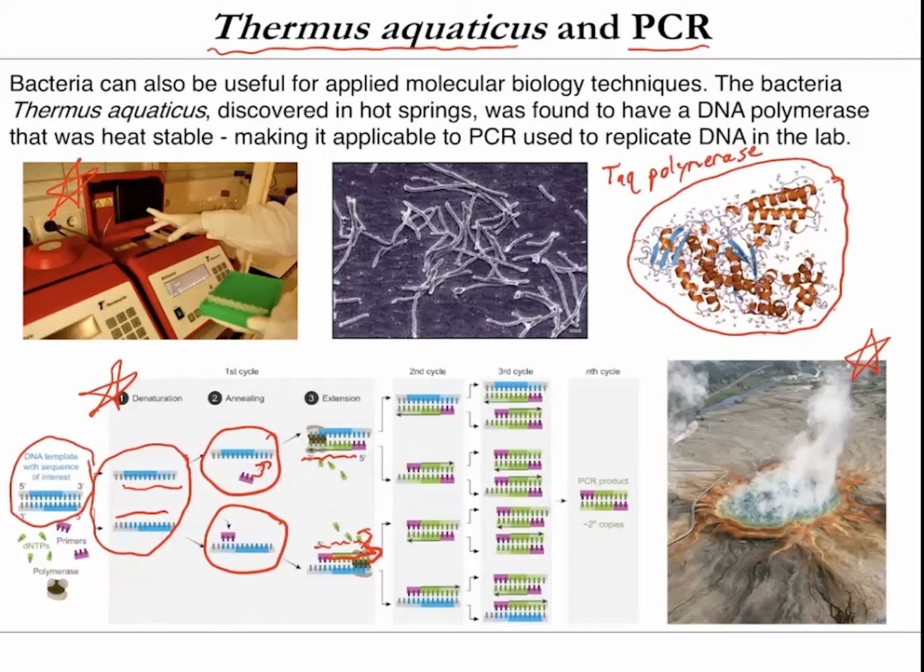This Taq polymerase was the first polymerase used in PCR, and it was integral to its success. Since then, there have been other modifications to this Taq polymerase to make it a little bit higher fidelity, so there are fewer errors in your PCR. But this Thermus aquaticus bacteria is essential for modern molecular biology and biochemistry.